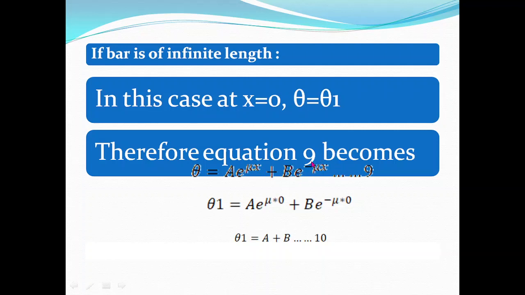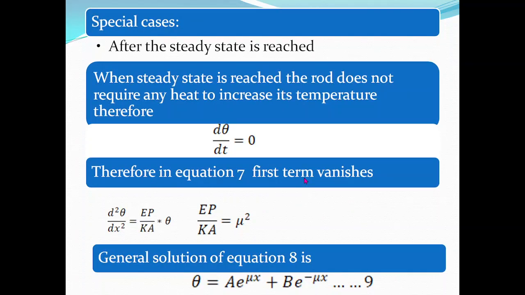E raised to minus infinity, if we take it into the denominator, becomes b upon e raised to infinity. Something raised to infinity is infinity, and b upon infinity is 0. Therefore the second term vanishes.